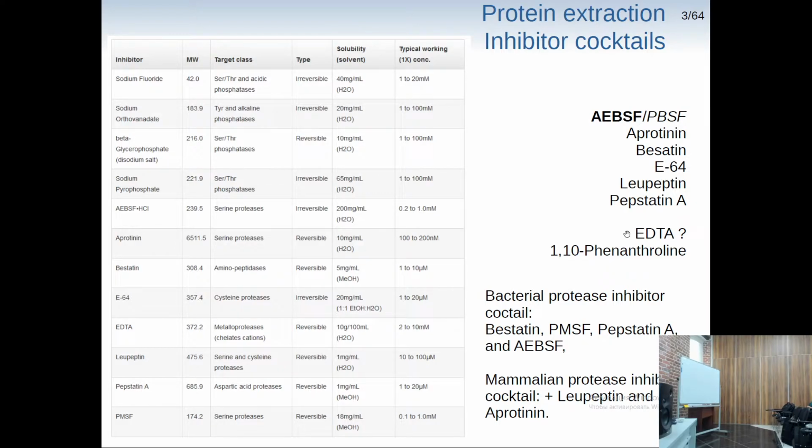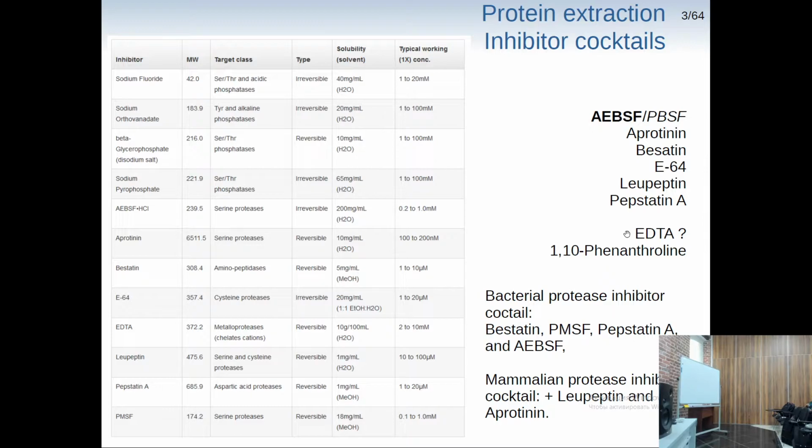Metalloproteases wouldn't be able to work because they have this metal in their active center. But it will also inhibit any proteins which depend on metal ions, for instance iron, almost every metal will be hampered.